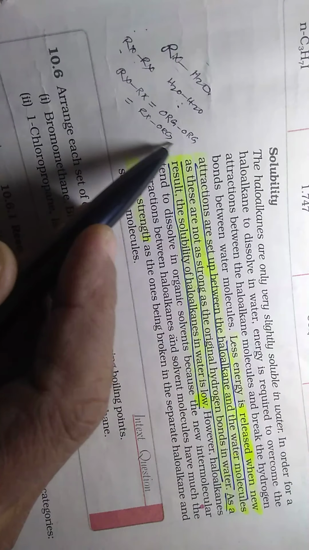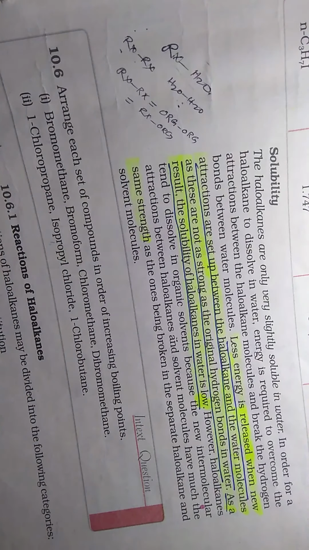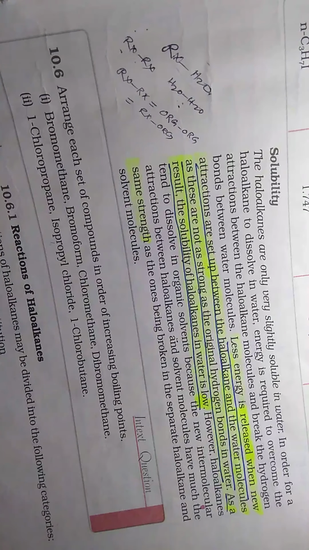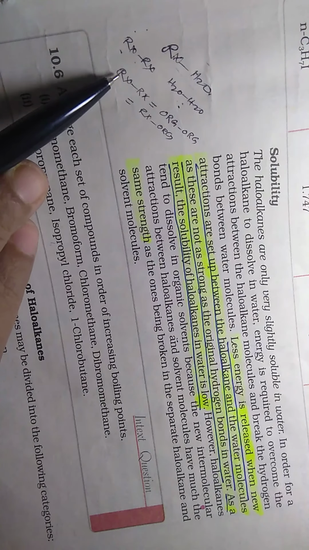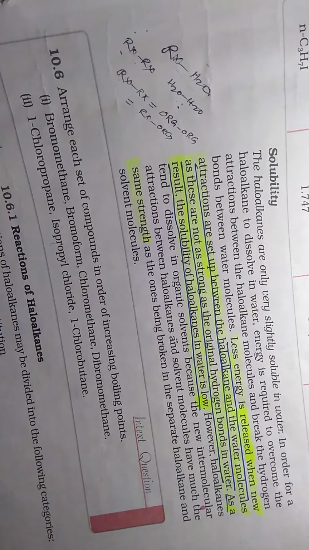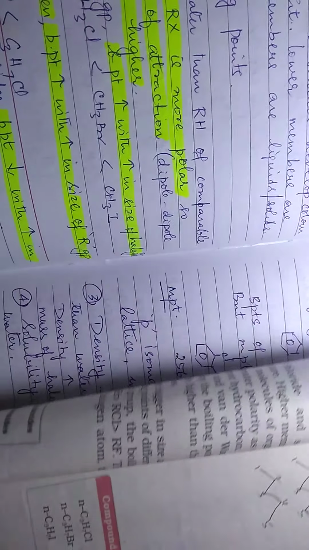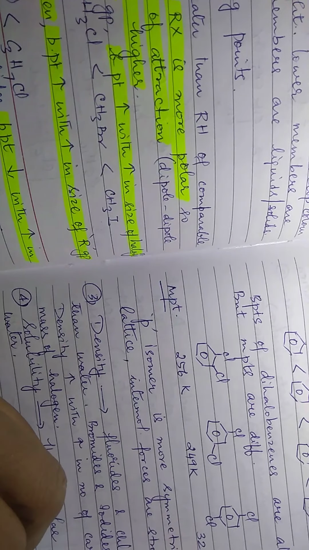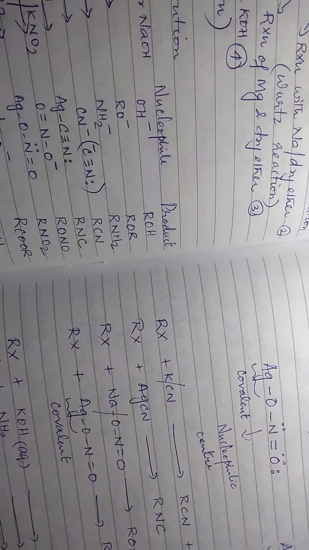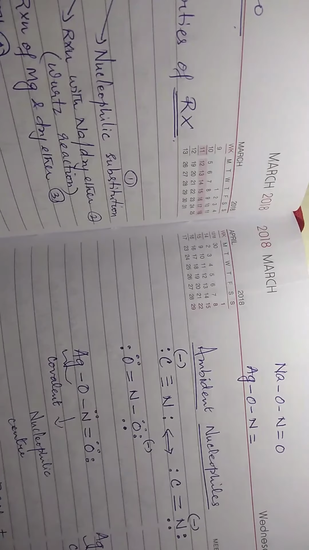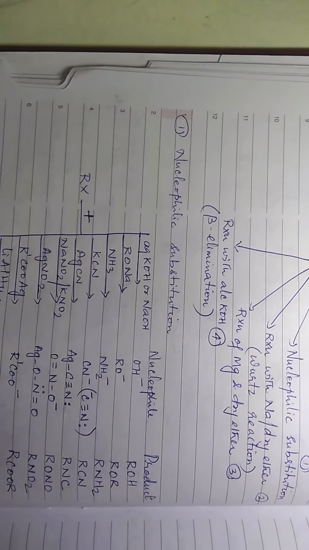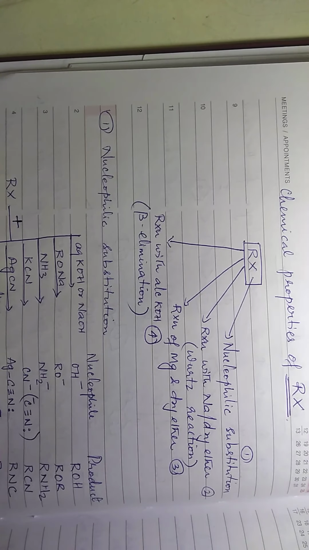Since all of them are of the same kind or to the same extent, you find that RX is soluble in organic solvent. Okay, so this is the reason behind it. Please read it from your text. And now we'll have to go to chemical properties of haloalkanes.